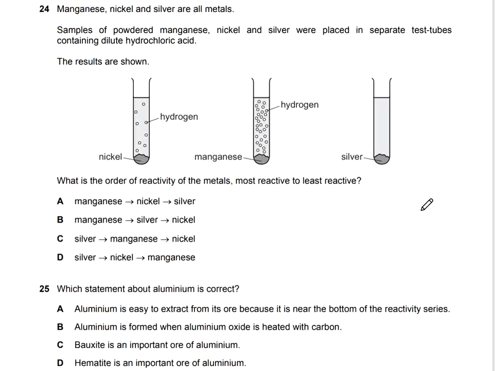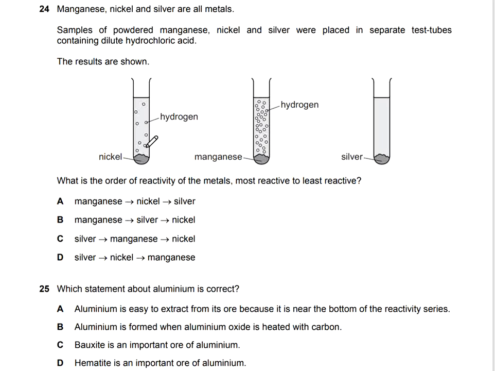Manganese, nickel, and silver are all metals. Samples of powdered manganese, nickel, and silver were placed in separate test tubes containing dilute hydrochloric acid. So the results are shown. What is the order of reactivity of metals, most reactive to least reactive? You will see here that in manganese, there are lots of hydrogen bubbles going out from the test tube.